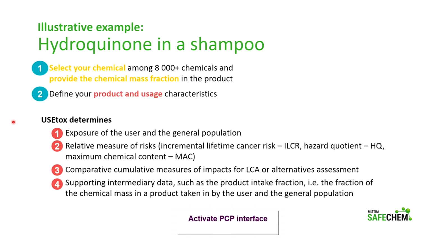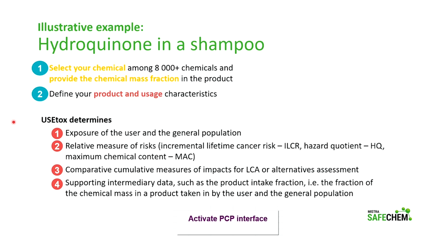So to do that, we actually only need to provide 2 major types of inputs. First, you need to select the chemical that you want to assess from the database and provide the chemical mass fraction in the product. And you need to define your product and usage characteristics for the product that you want to assess. And with just this information, USEtox then determines different types of results. It provides you with the exposure of the user and the general population.